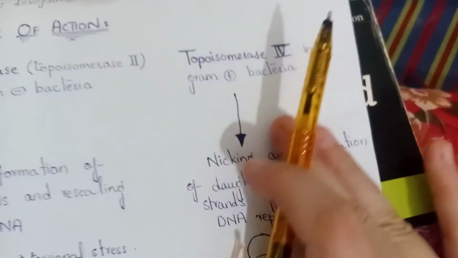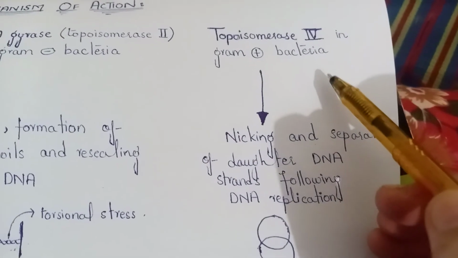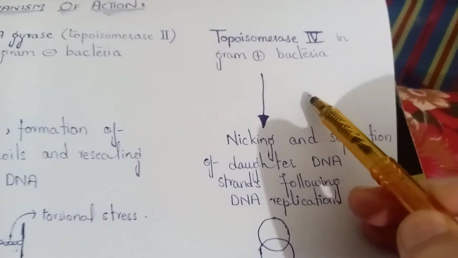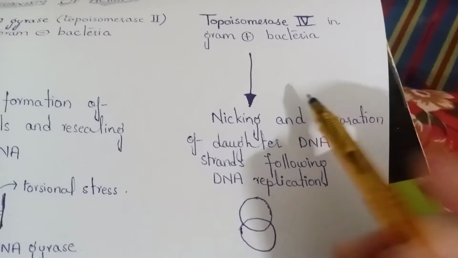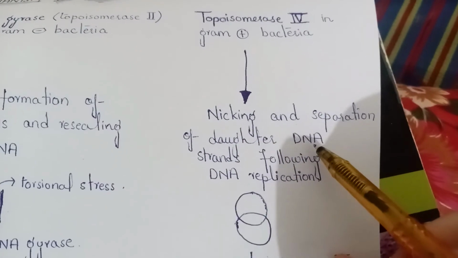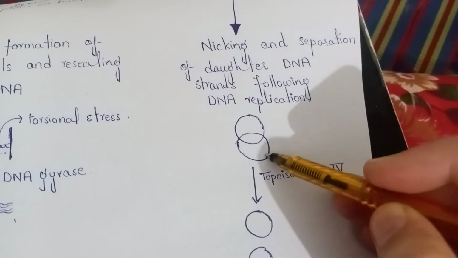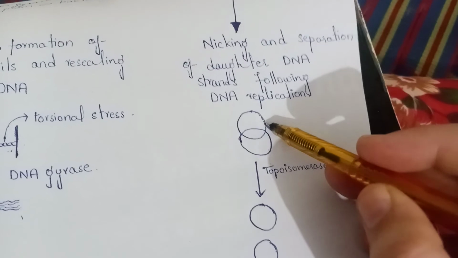Now if you look over here at topoisomerase 4, the drug shows more inhibition towards topoisomerase 4 in gram-positive bacteria. Topoisomerase also nicks, meaning it cuts, and separates the daughter DNA strand. So if you can see over here, this is the daughter DNA strand and this is the original one.